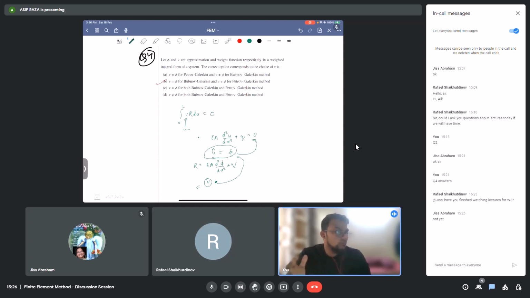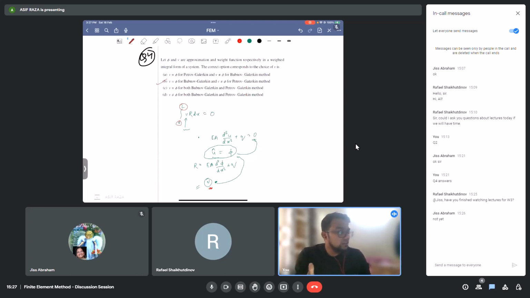Yes, that depends on what kind of problem we have. If our domain changes, then the boundaries for the weight function will also change accordingly.